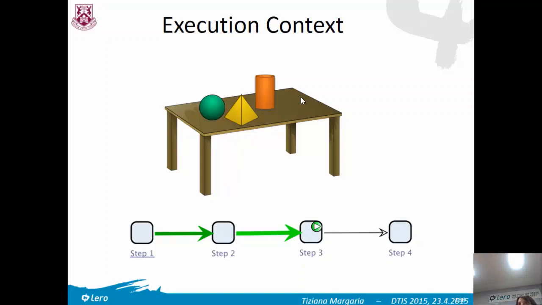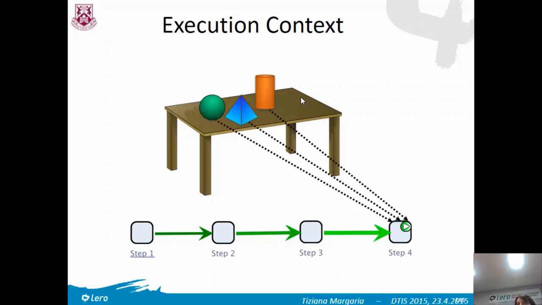Now step 3 is coming, and it finds at execution a certain context. It goes into the context and looks: I need a yellow pyramid. That's there. Fine, I can take it. And my job is to paint it blue. So the output is basically that the pyramid is still there, but it has different or modified properties, or another one.